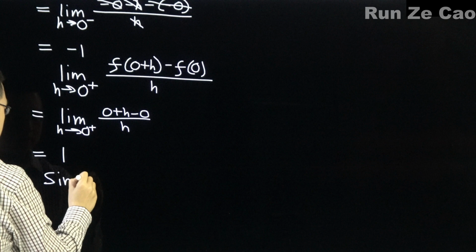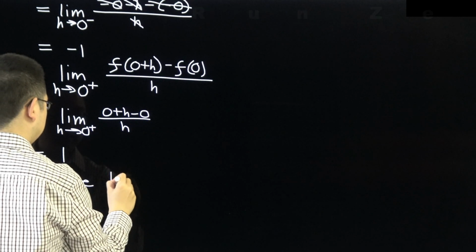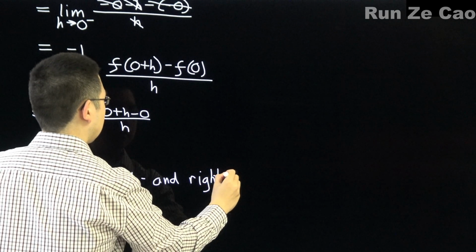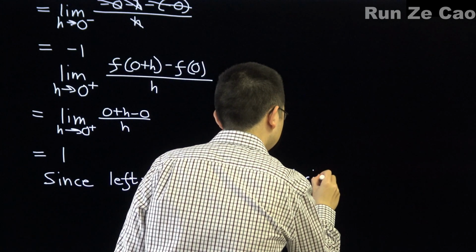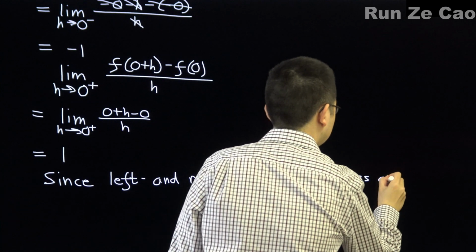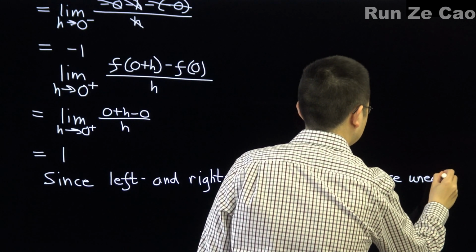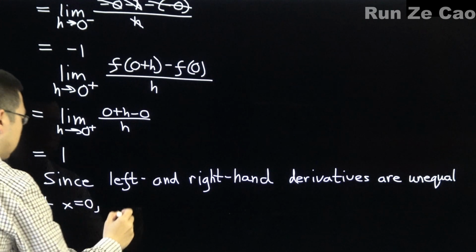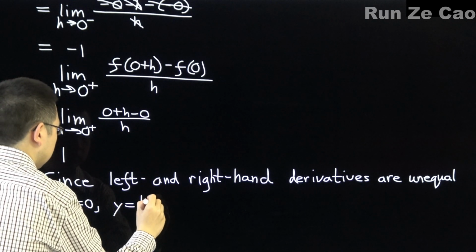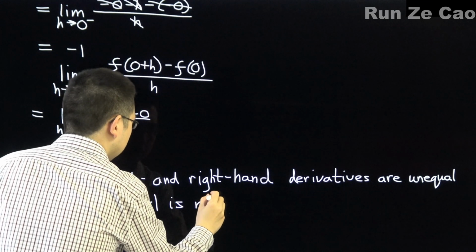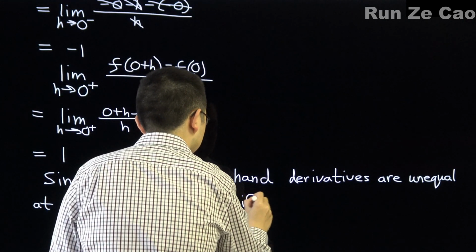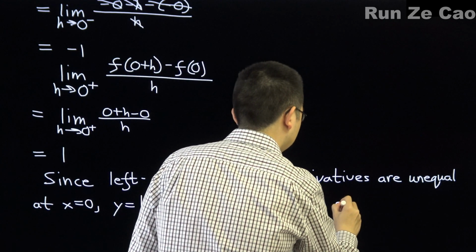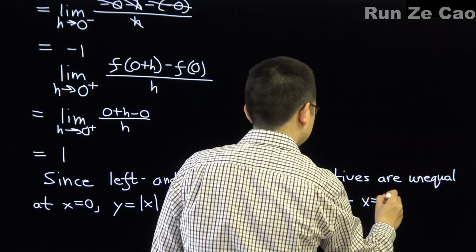Since left and right hand derivatives are unequal at x equals 0, y equals absolute value of x is not differentiable at x equals 0.